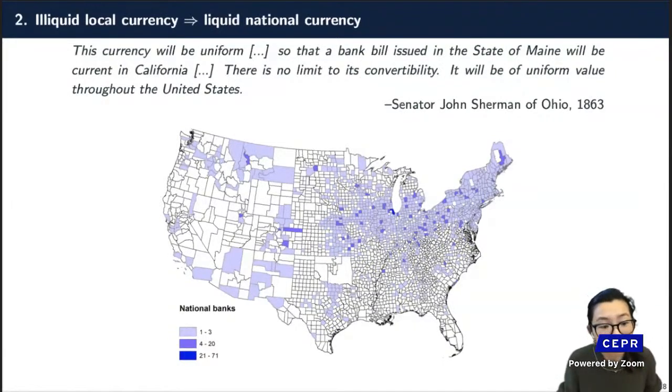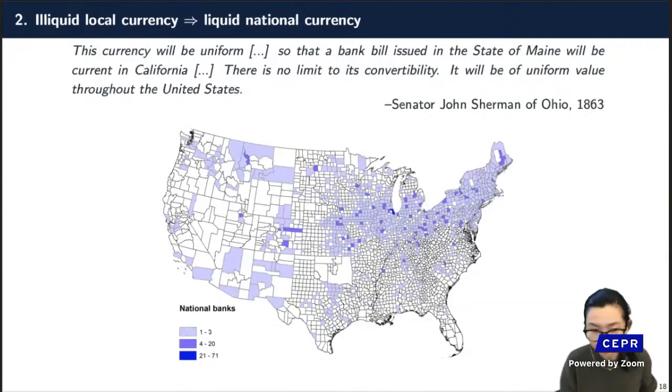Okay, so if we look at this map of national banks after this act was passed, what this means is that anyone who has a national bank note in this part in South Carolina would be able to use it in Chicago with no transactions costs, unlike what had happened before.